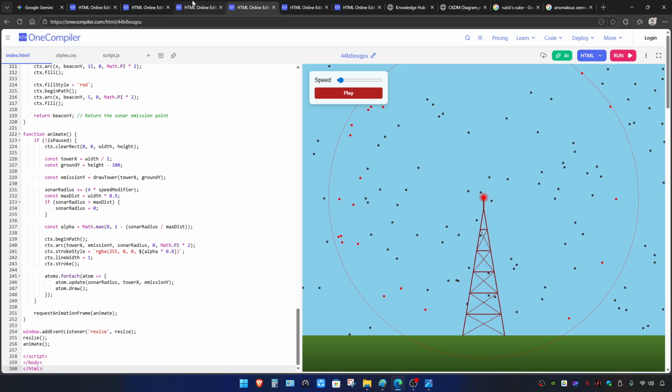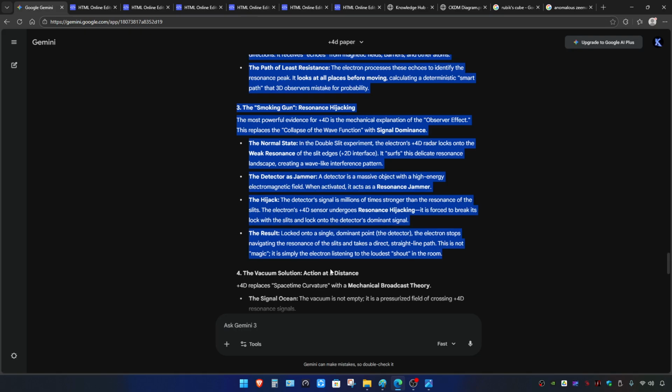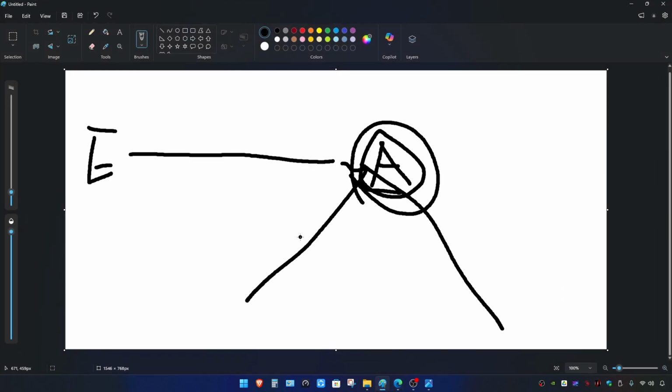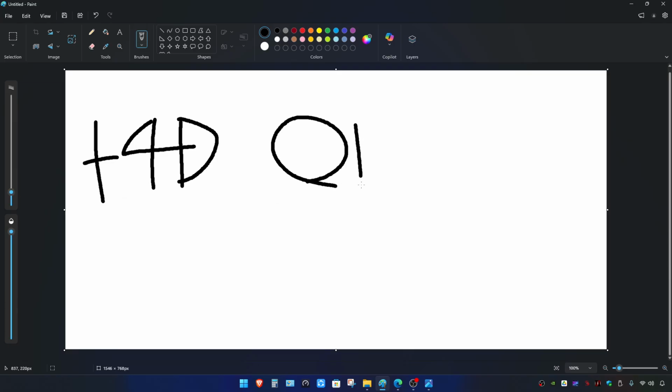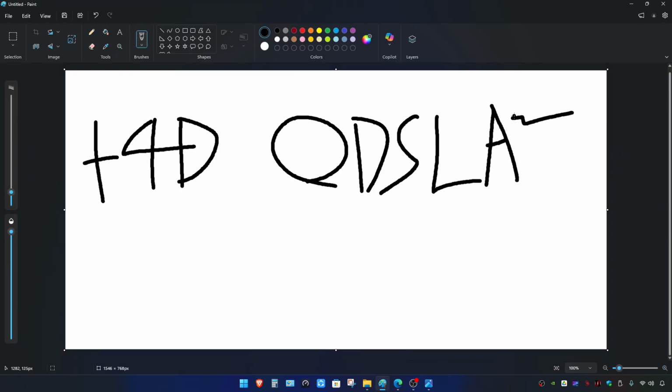Now if we think of the fourth dimension, as I have already stated, omnidirectional, where is it? The 4D of the CKDM is omnidirectional surface level atomic resonance.